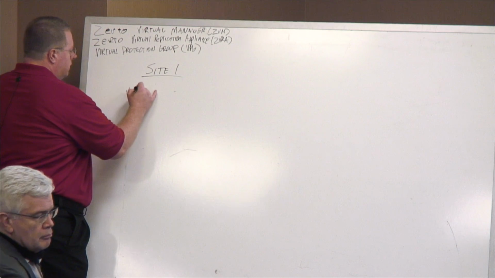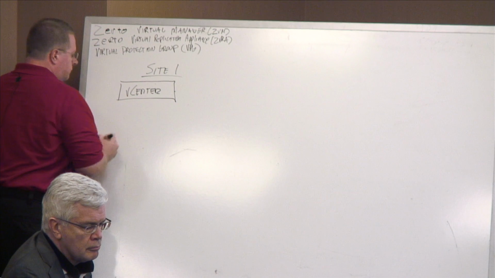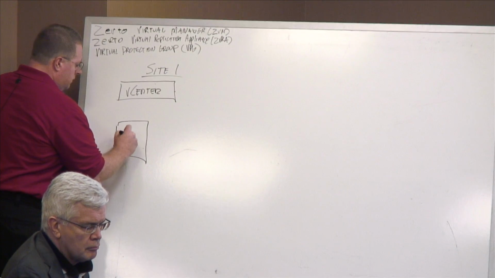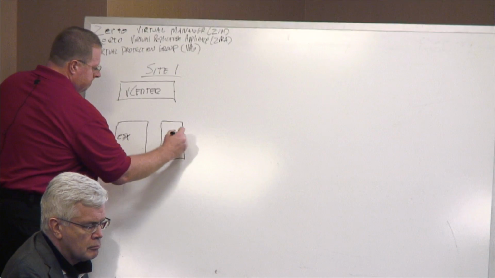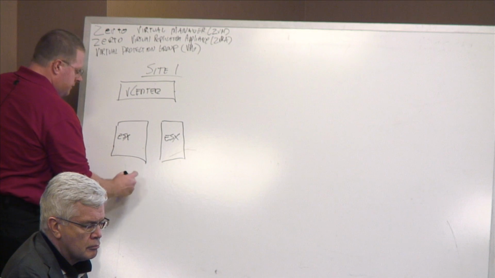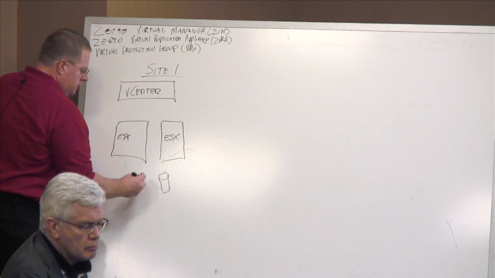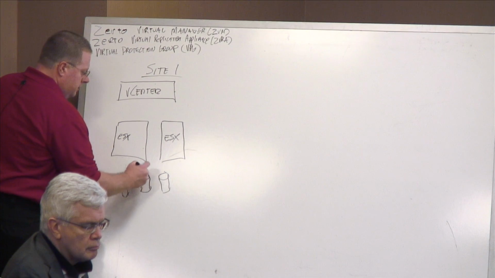We'll have a vCenter. Then we need some hosts. And you'll have some storage that's presented to the hosts. Sorry, I can't draw storage to storage guys very well, but here it is.